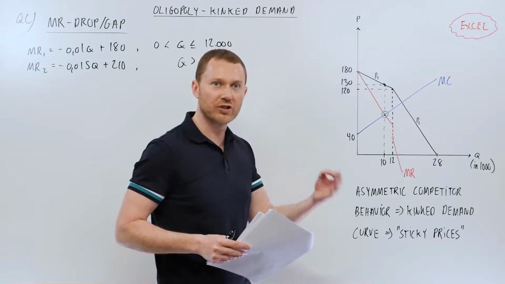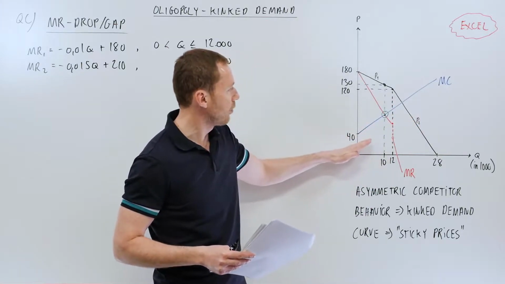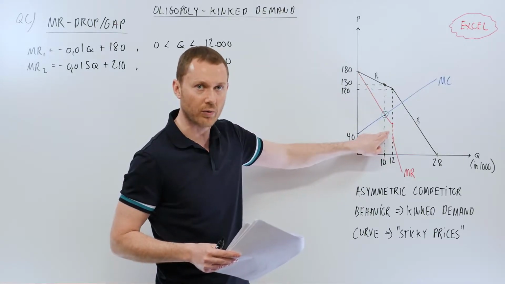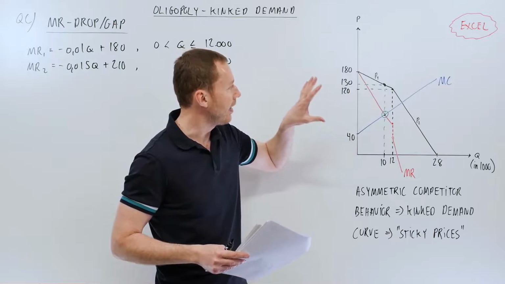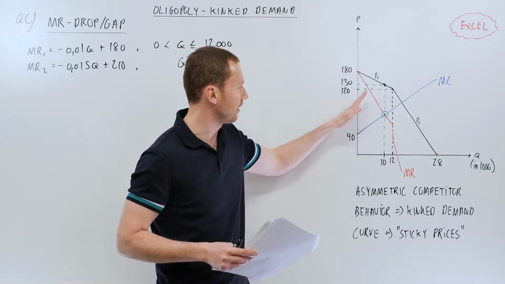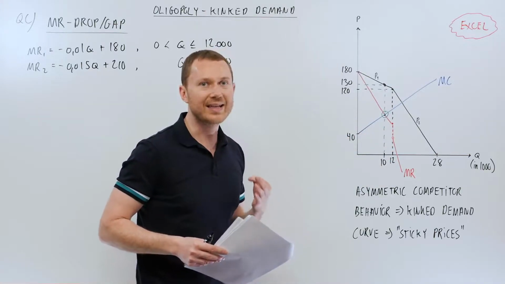So as I mentioned in the last video, we could have had circumstances where MC could have intersected in the drop zone. So if we had an illustration of it, then we would know if it intersects in the top, middle, or below. But how can we calculate it?